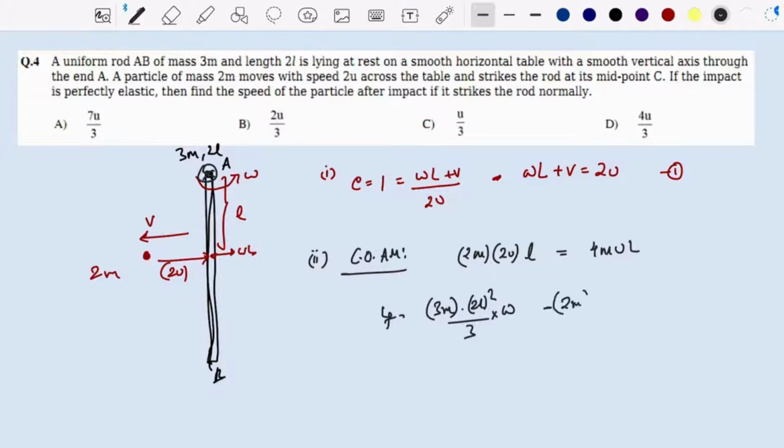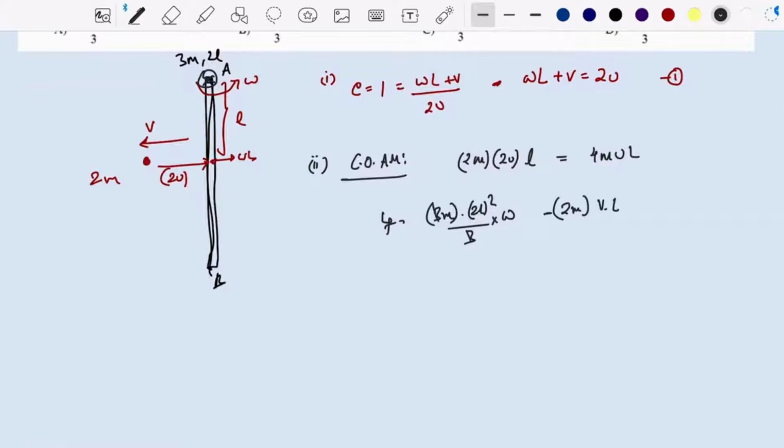These both will be equal. This 3m is gone, so I get 4 mul is equal to 4m omega l square minus 2mvl. Cancelling 2ml everywhere, I will end up getting 2u is equal to 2 omega L minus v. This is my second equation.